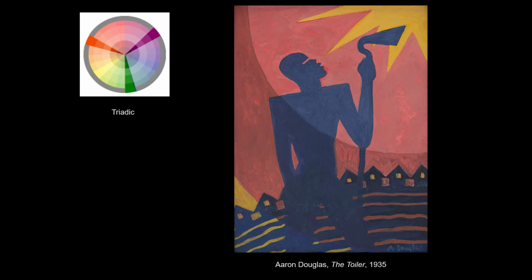What is good about a triad? Well, it's very dynamic. It's very exciting because these are colors that kind of push against each other. And yet I still have a little bit more variety than I would if I had just a complementary color harmony or something like that.